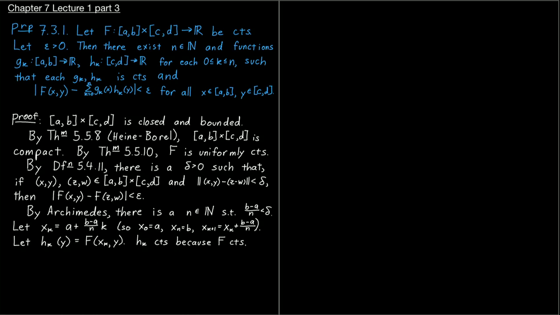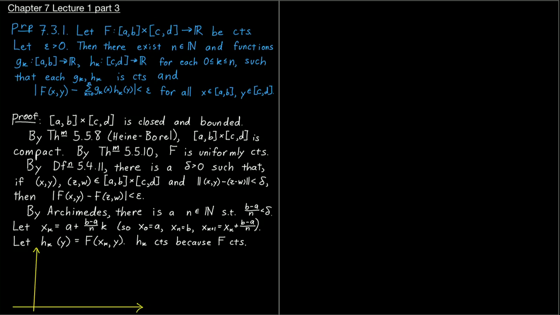All right, and now the gk's are going to be a little bit more complicated to define. So the gk's are going to look like this. Here are some nice coordinate axes for us.